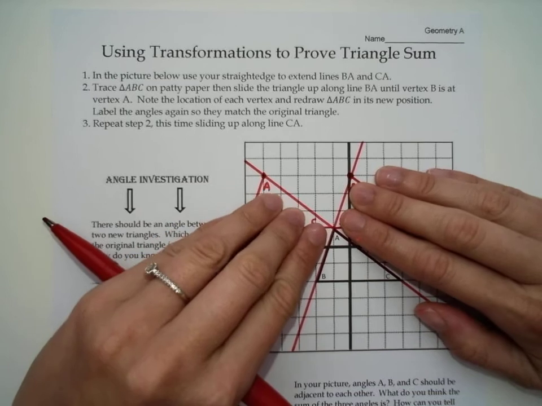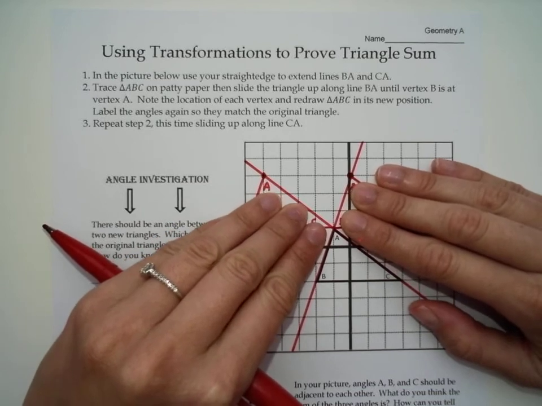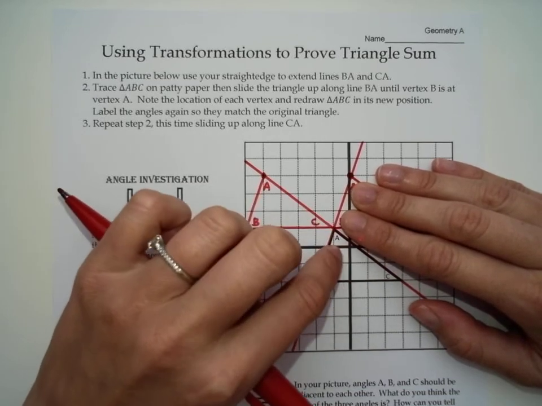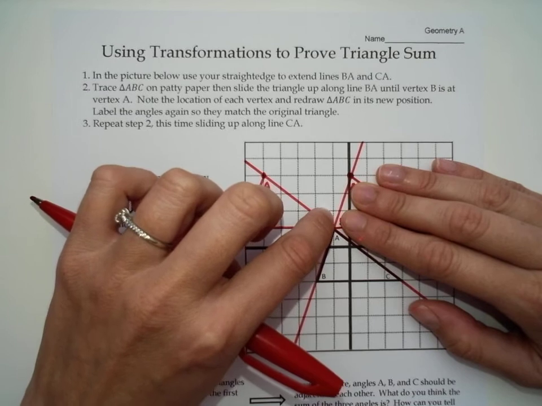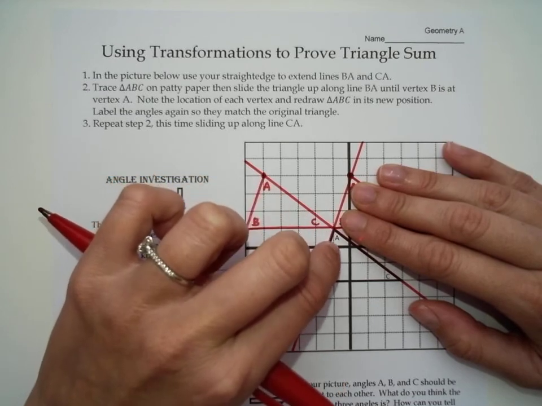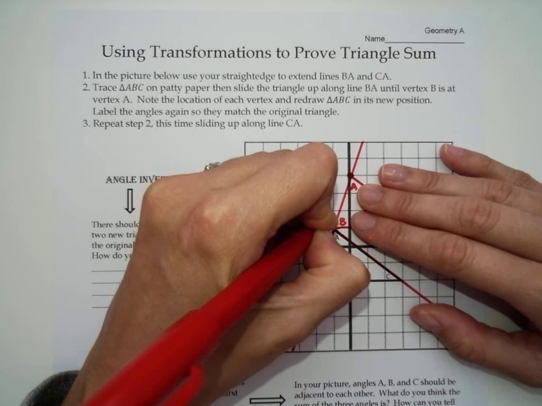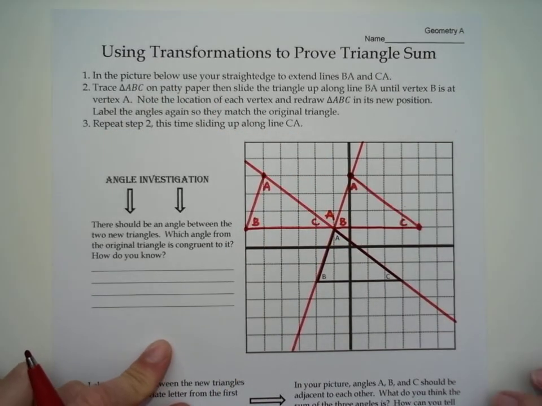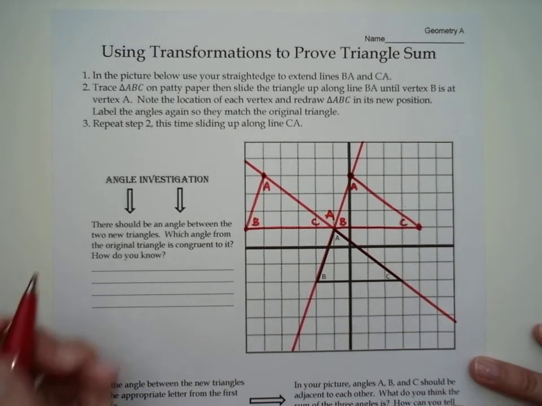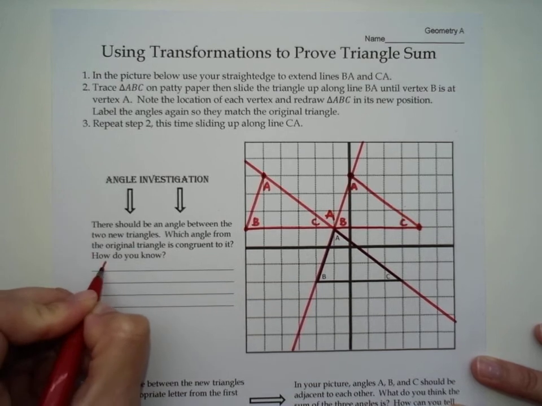If you ignore all of this, we have vertical angles, right? This angle and this angle. So if this angle is A, we know that this angle here is also A because of vertical angles.